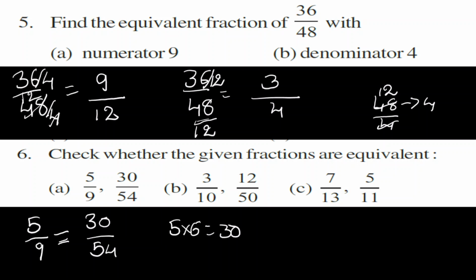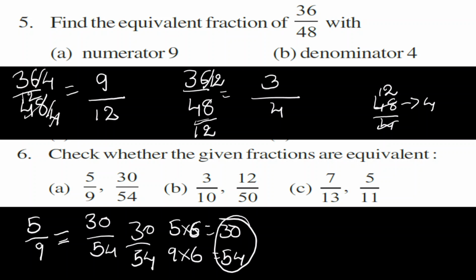Then now 9 also should be multiplied by 6. This 9 into 6 is nothing but 54. So the equivalent fraction is 30 by 54. So 5 by 9 and 30 by 54 are equivalent fractions because both the numerator and denominator are multiplied by the same number. So these are equivalent fractions.